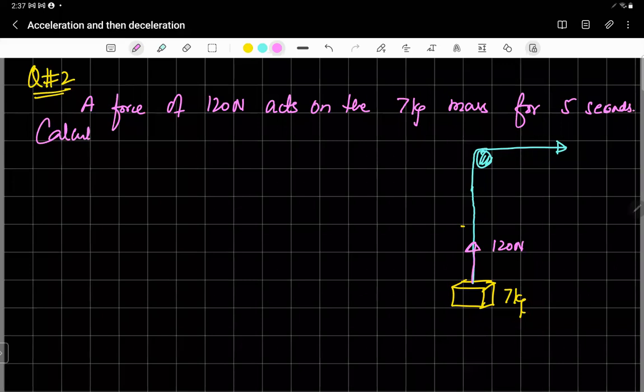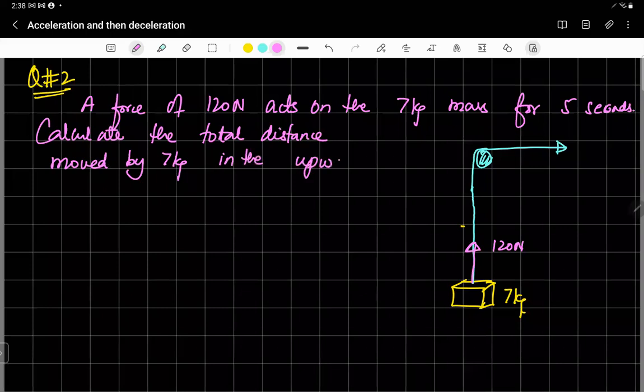Calculate the total distance moved by the 7 kg mass in the upward direction. A force of 120 Newton acts on the 7 kg mass for 5 seconds.